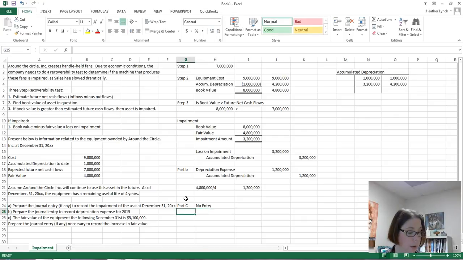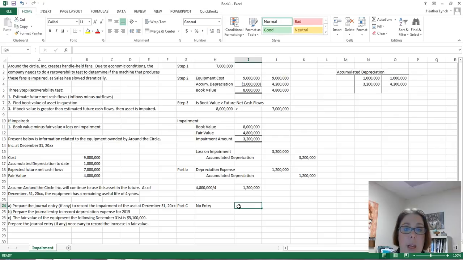According to GAAP, we do not increase the value of the equipment once it is brought down. If you were doing IFRS, IFRS does allow you to reverse some of that, the difference between the 4.8 and the 5.1 million. But what I'm concerned about on this one is an impairment using GAAP. So there is no entry. We do not increase this.